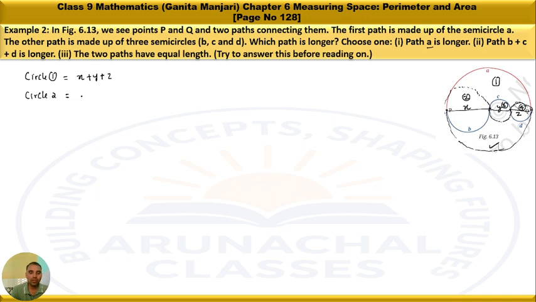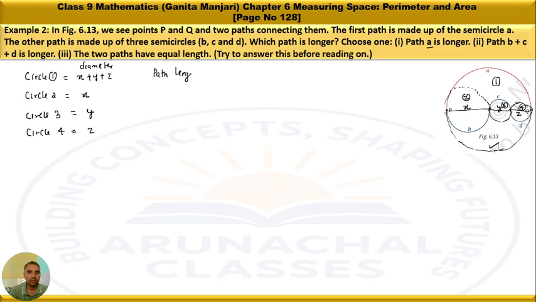Circle 2 has diameter x. Circle 3 has diameter y. Circle 4 has diameter z. So I have written the diameter of the circles. Now I need to find out the path length of A.